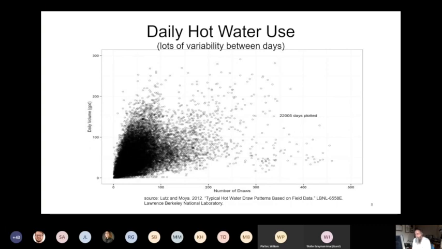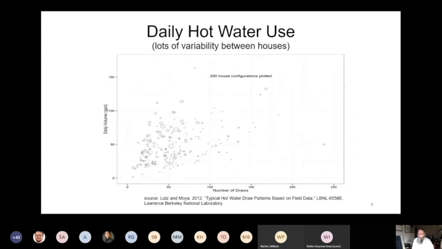And that's 22,000 days plotted. And you'll see that there's a pattern, but there's lots and lots of scatter. And just to keep coming back on that, people use hot water in strange ways occasionally, but most of the time it's fairly predictable. Next slide.